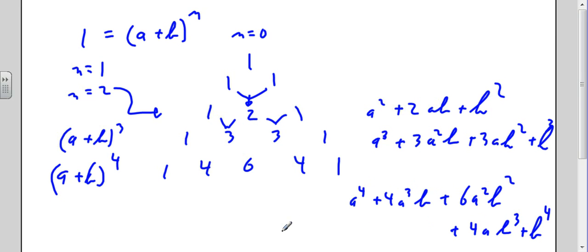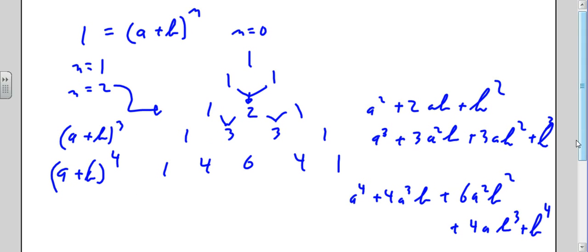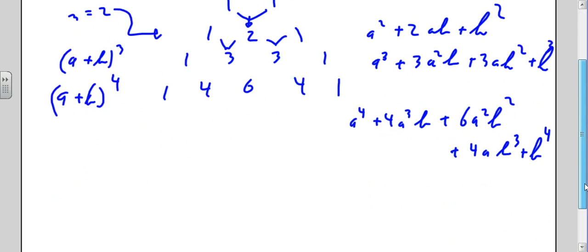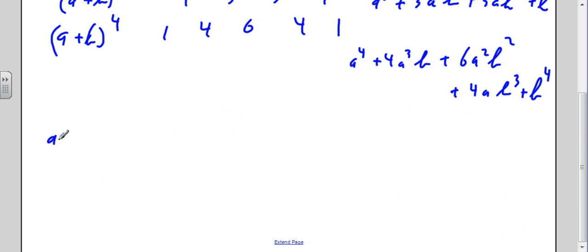And I can keep on going with Pascal's triangle down to 11 or 12 or 13 and find the coefficients of something like a plus b to the 12th power. I could make that triangle. It's a very simple thing to do, and then I'd have the coefficients that go along with that expansion.